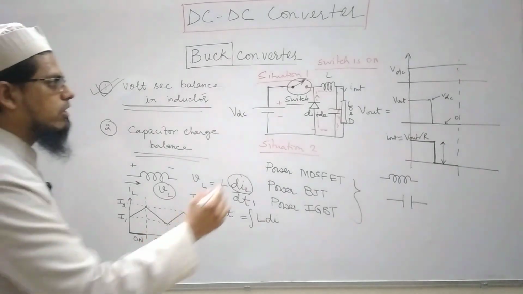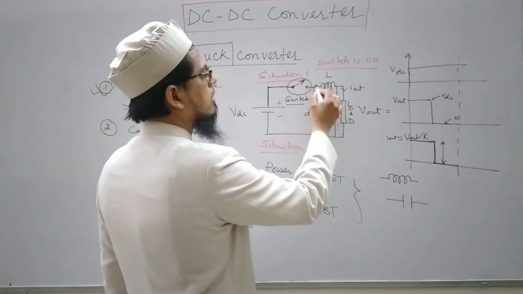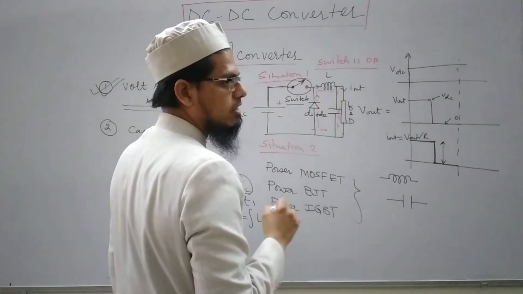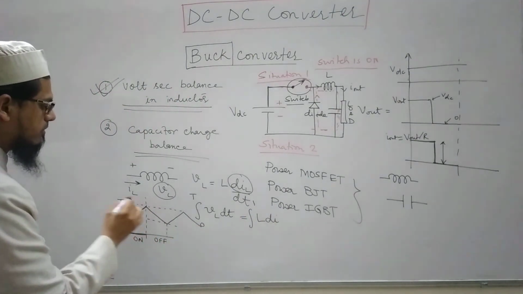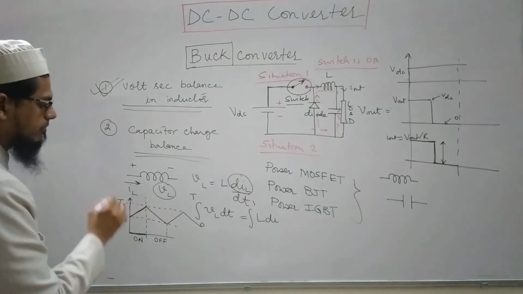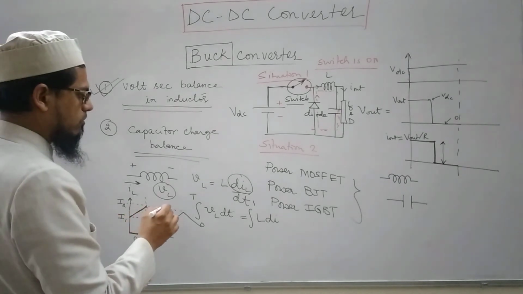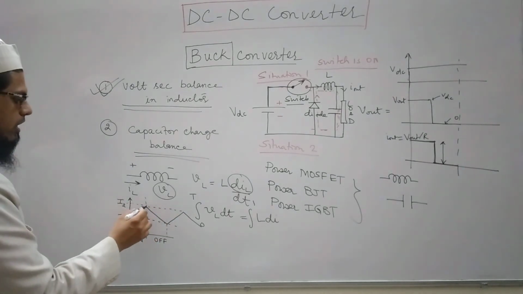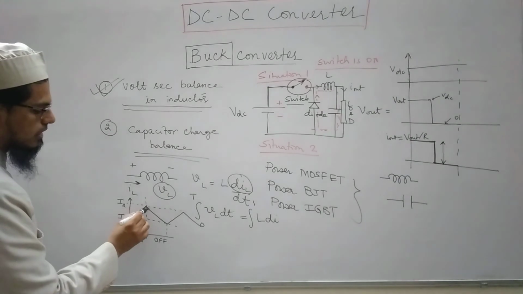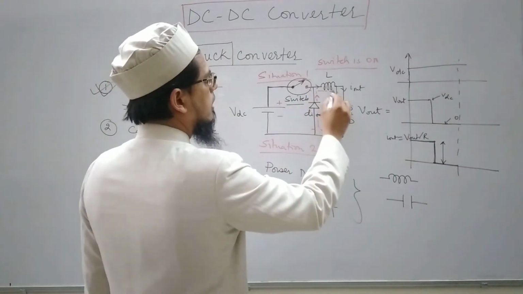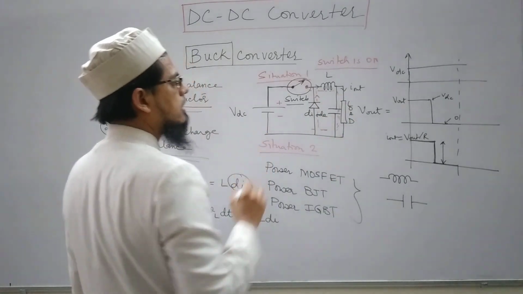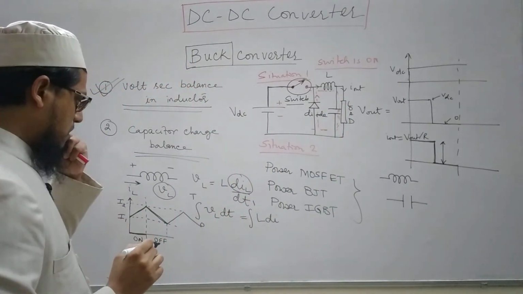When the switch is on, the current through the inductor would be increasing. Why would it be a linear increase? I will come to that also. Then during the off period, the current would be decreasing through the inductor.